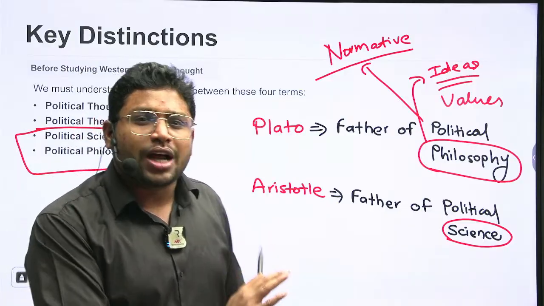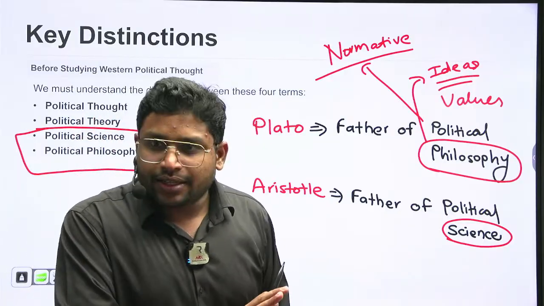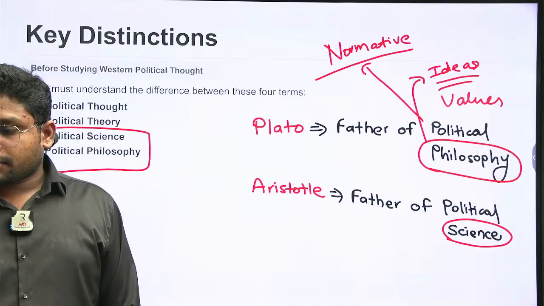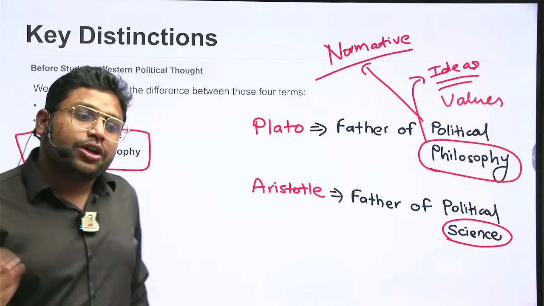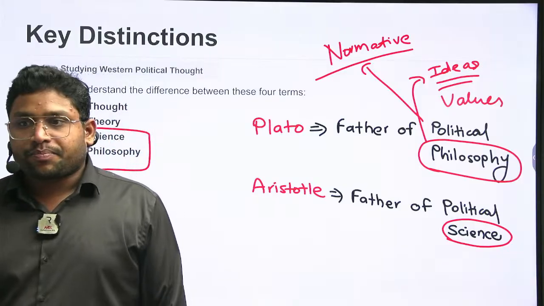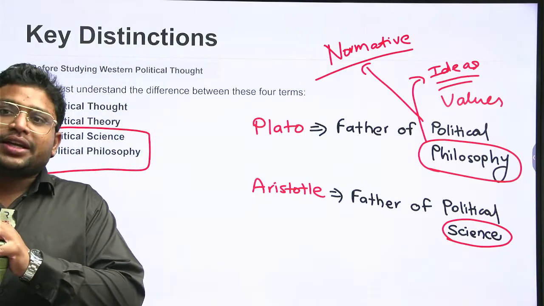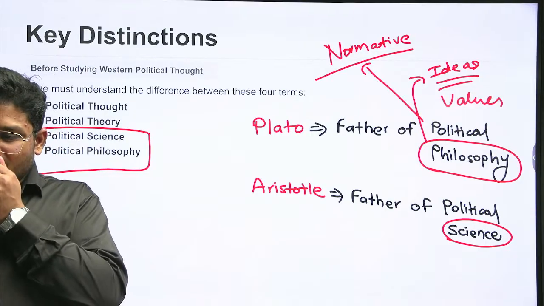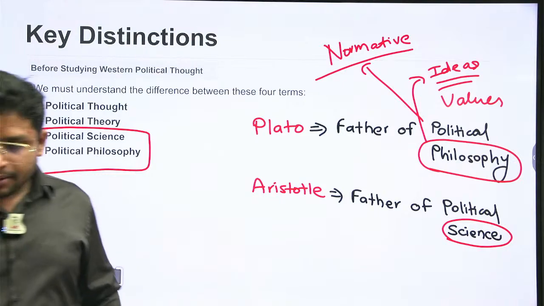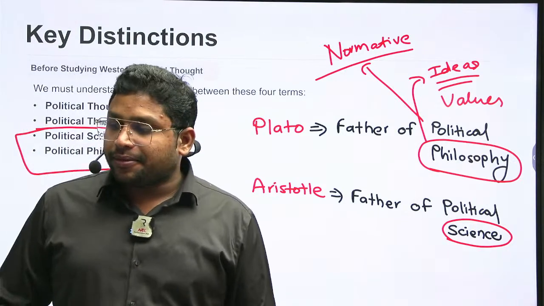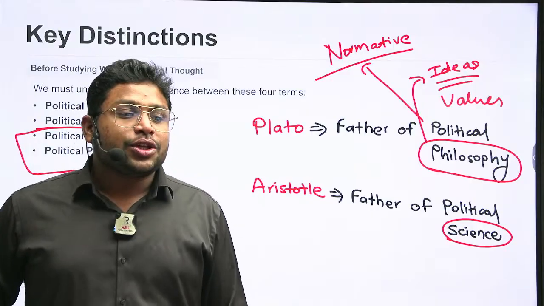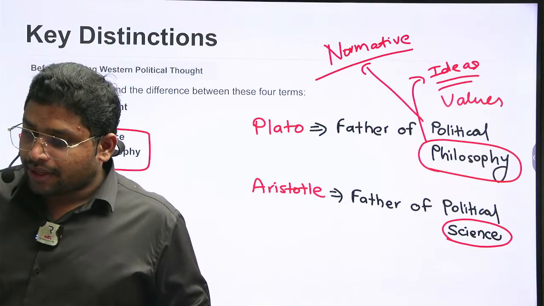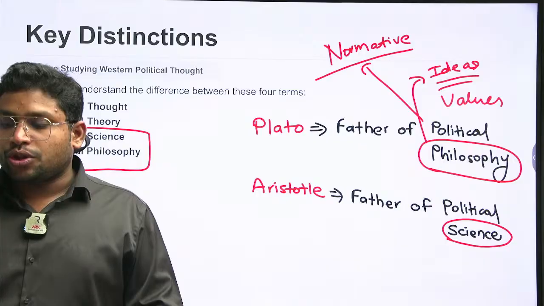Okay, I'm supposed to start with Western political thought directly. Clear? So just write down in one line so that there won't be any confusion. Political philosophy versus political science. Political philosophy is mainly normative.